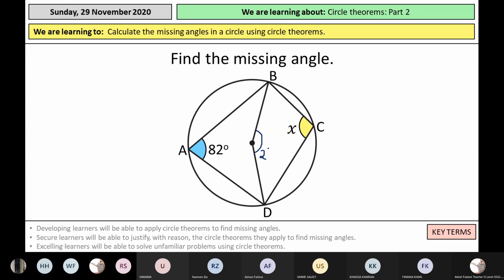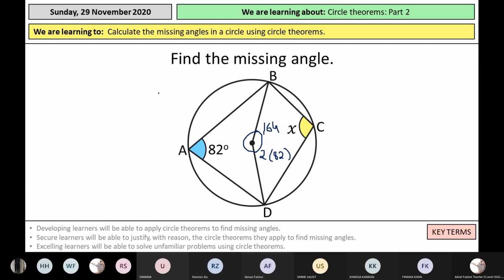Once you find the angle 82, now twice of 82 is what? 164. So what is the round of central angle?